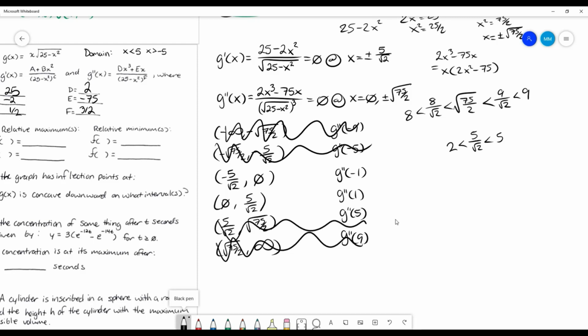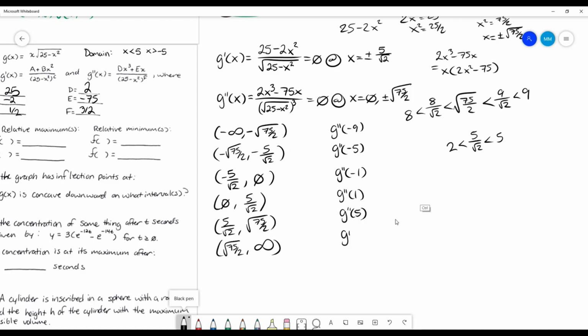So if I plug in a -1, makes it nice and easy. It's going to be a -2, -2 minus -75, greater than 0. Wait, well, hold on. So I know this doesn't matter. Aha.